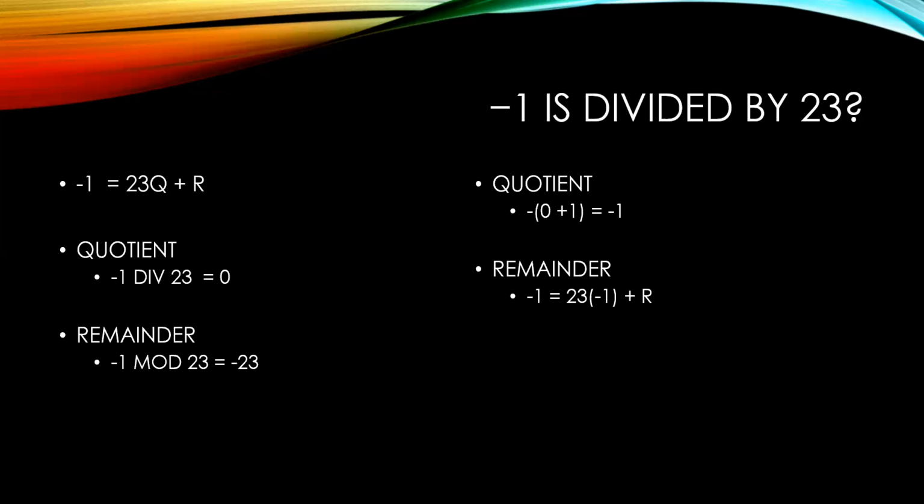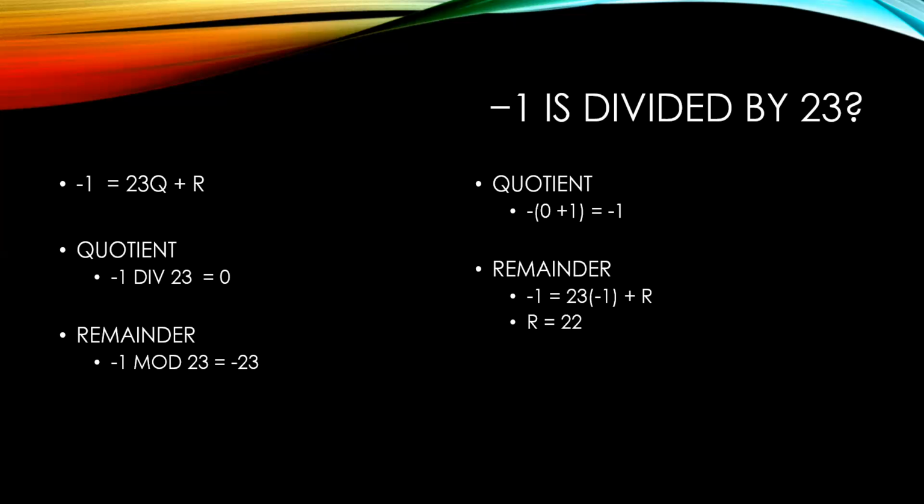Evaluating this, the new r is positive 22. So now this is the correct answer for this question. Again, don't forget to add negative 1 to the quotient if the remainder is negative. So that when we apply the new quotient to our equation, the remainder will be positive. So it conforms with the division algorithm rule.